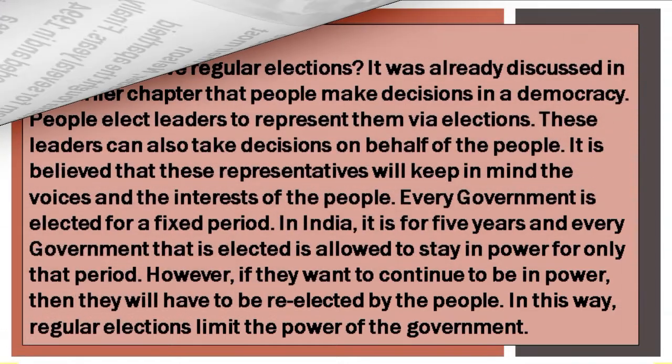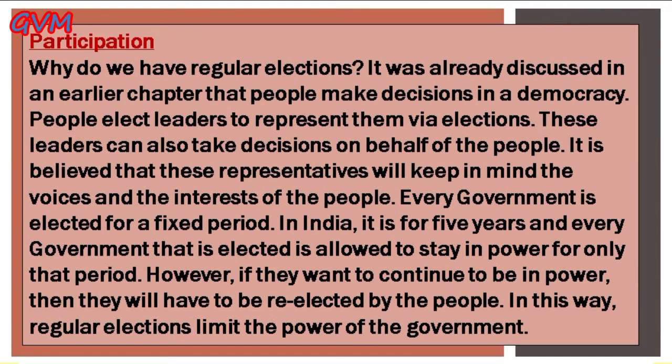Now students, let's understand how people participate in a democratic government. Students, participation in democracy means to elect the representatives. As we already discussed in the earlier chapter, in a democratic government, people play a very prominent role and people make decisions.